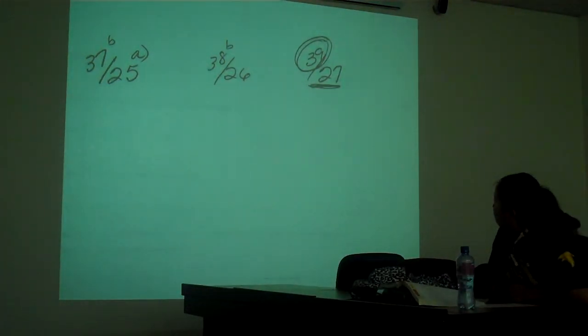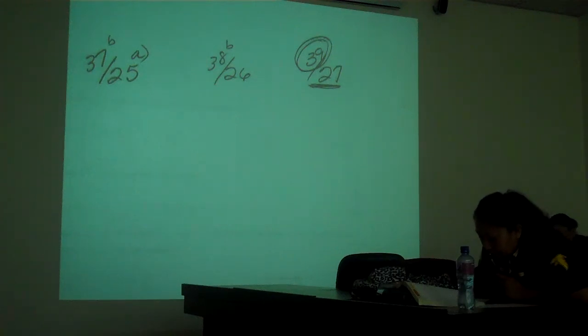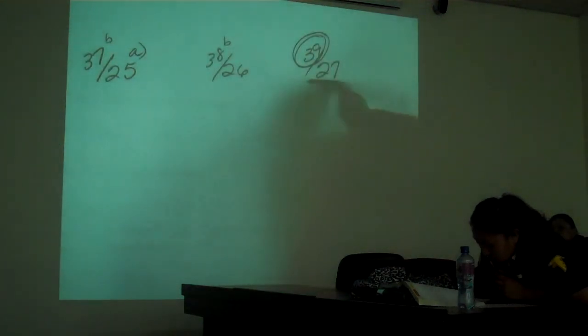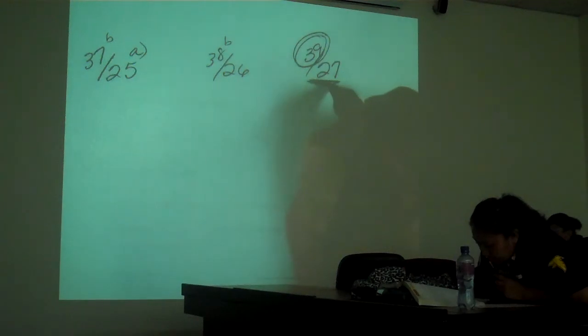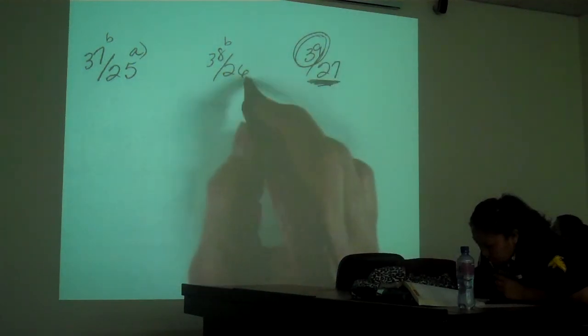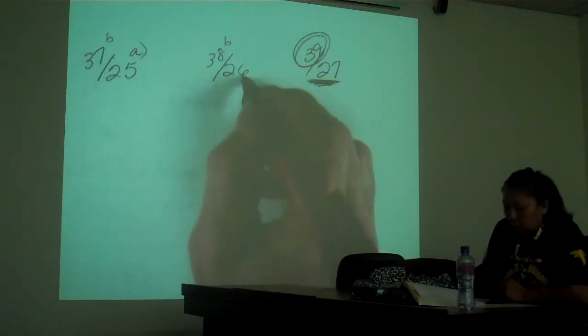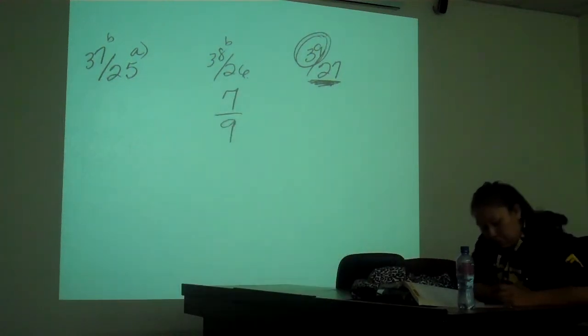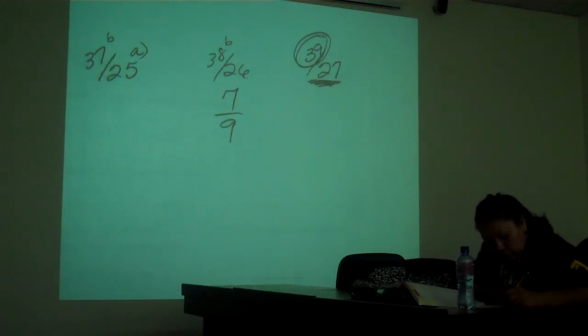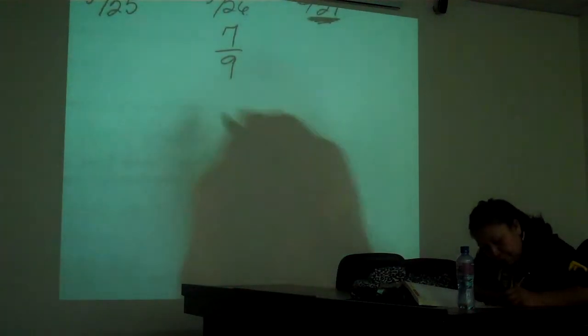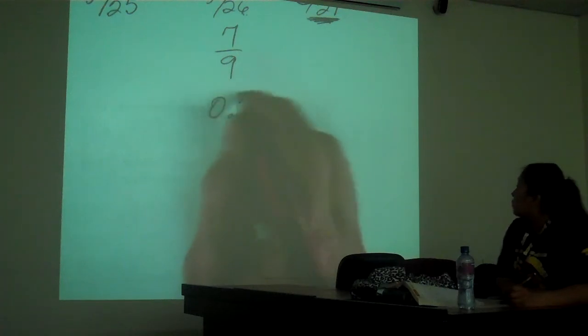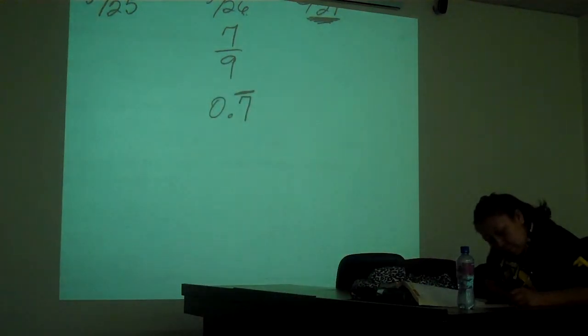Because the B part tells you to round each answer to the nearest tenth, hundredth, and thousandth. Okay? So when you have to round them to the tenth, hundredth, and thousandth, you have to use the answer from number 27. Like let's do number 26, that wasn't required. Number 26 was 7 ninths. When you actually do that division, you get the repeating decimal 0.7777.